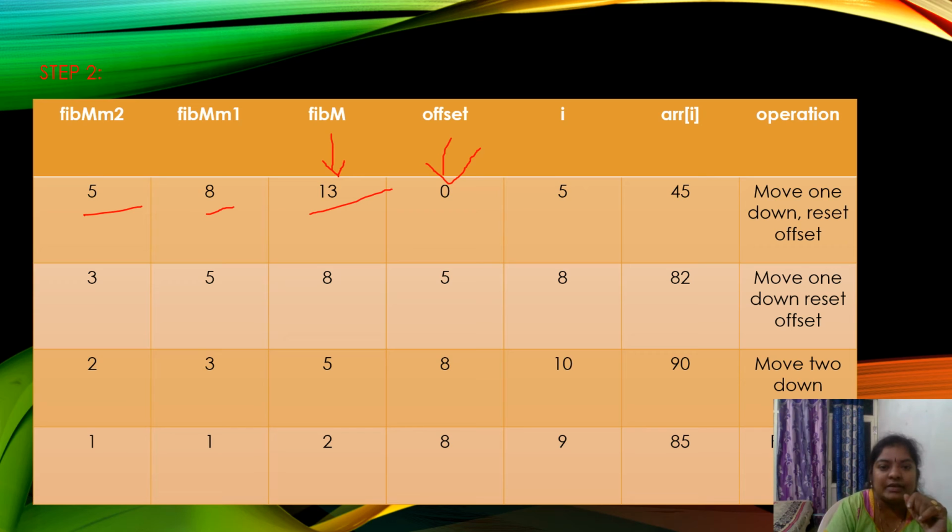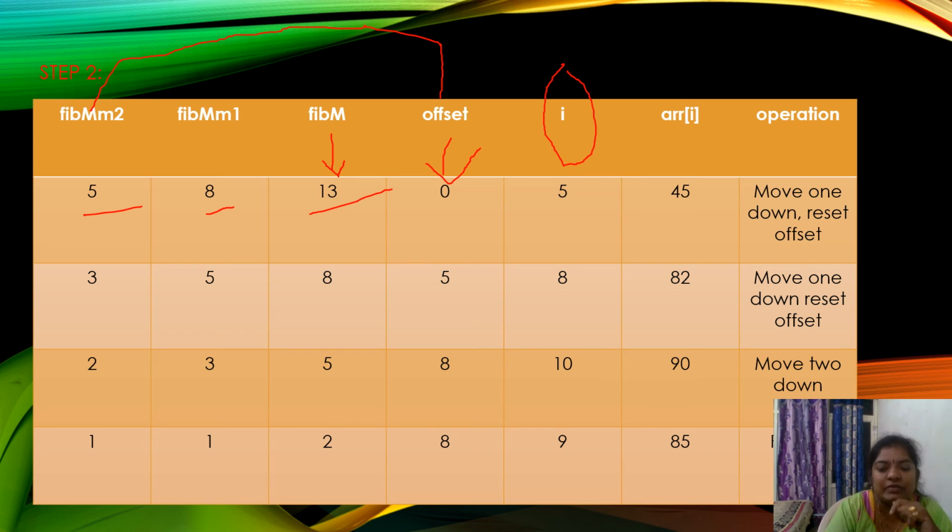Next, coming to the calculation of the index. According to the given formula, the index value is the minimum of offset plus FIB MM2. So 0 plus 5, comma, the number of elements, that is 11.